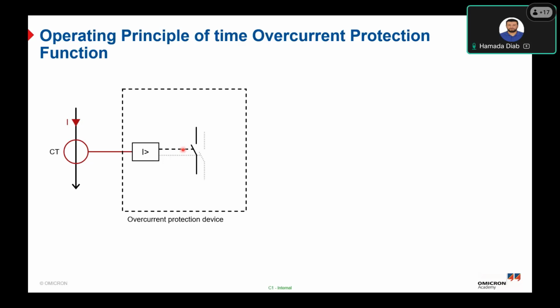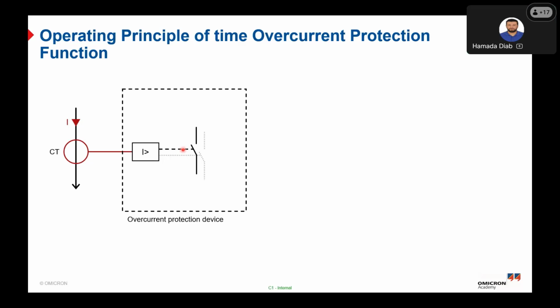Is it in the forward direction or in the reverse direction? So the directional overcurrent relays additionally measure the voltage for each phase. By comparing the angle between the measured voltage and the measured current, the directional overcurrent relay can decide if the detected fault is in the forward or in the backward direction.